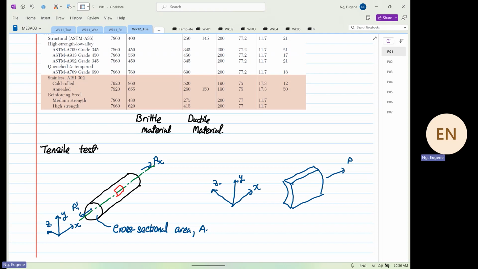Can you all change to Px, please? So we're going to have Px over A. And that's the only stress state that is available. The rest is equal to 0.